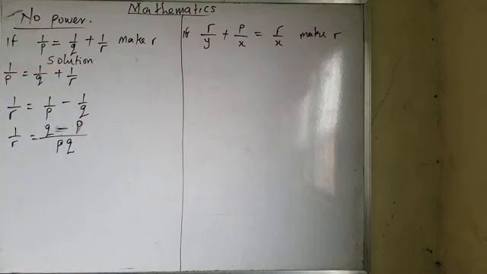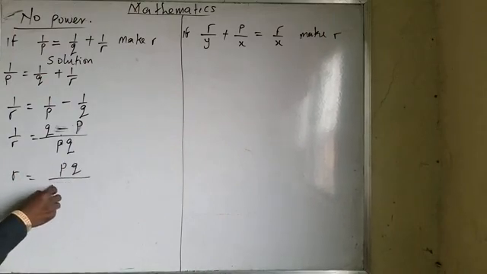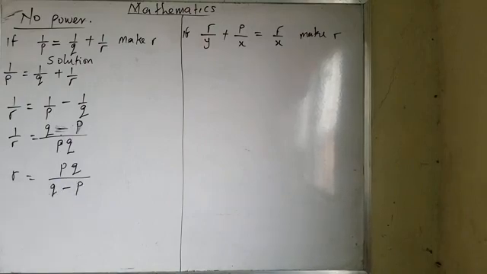It's a very simple question. I will reciprocate this, so R will be equal to PQ all over Q minus P.